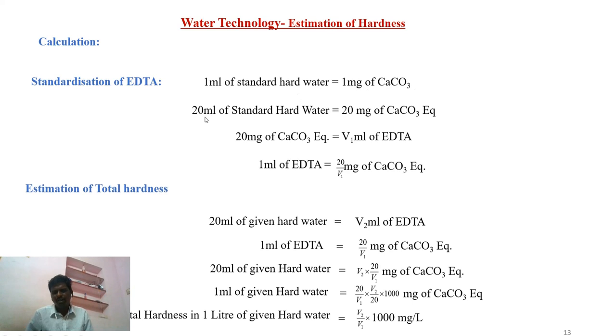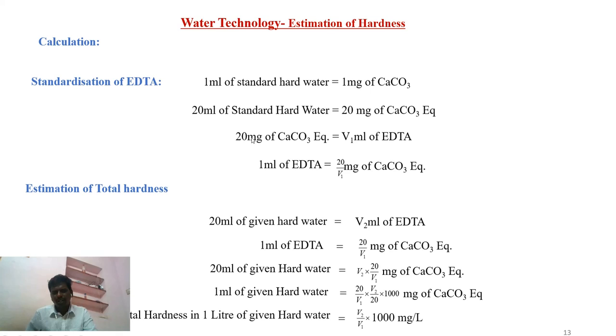So for that we have to calculate: 20 ml of standard hard water is equal to 20 mg of calcium carbonate equivalent. So 20 mg of calcium carbonate equivalent is equal to V1 ml of EDTA. From this we calculate for 1 ml of EDTA, that means 20 by V1 mg of calcium carbonate equivalent.